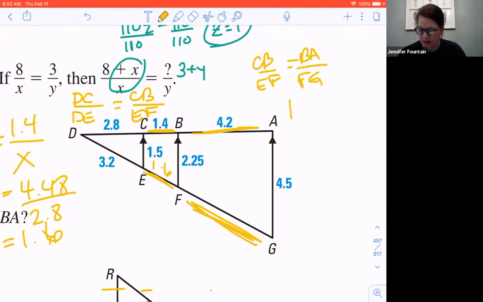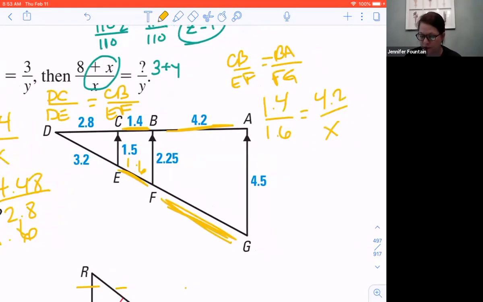So I can see that CB is 1.4, EF is 1.6, that's the one we just found. BA is 4.2, and then we're going to let that one be X. So if it helps you to set it up as your proportional segments first and then plug in numbers, sometimes that may help you with the organization of your numbers.